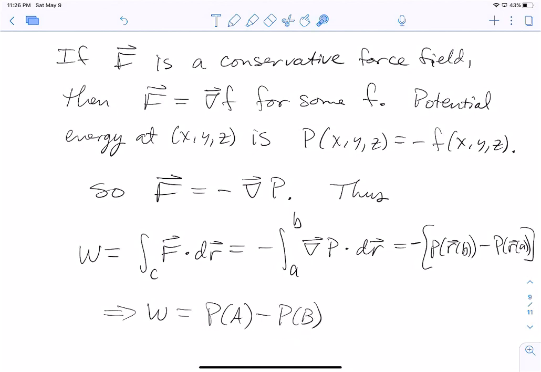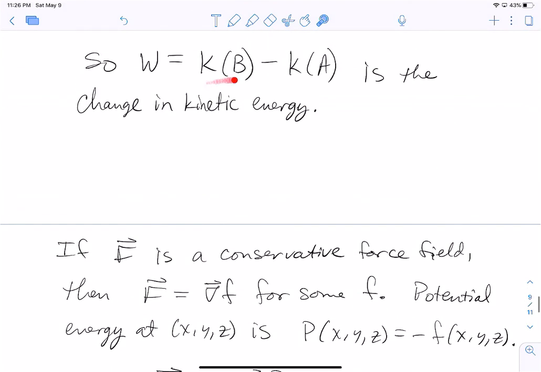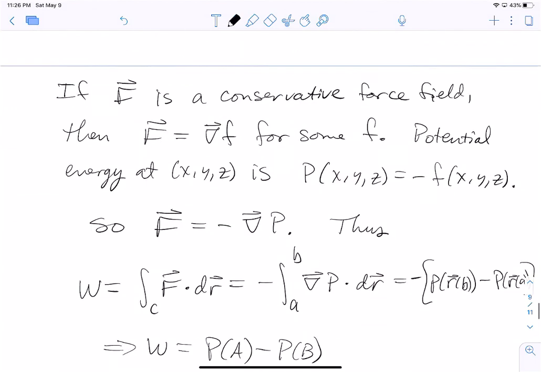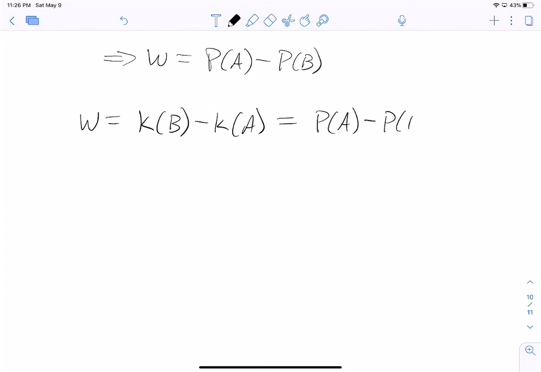The order is reversed because of the negative that was out front of the whole thing. So work is potential at A minus potential at B. But before, we said that work was kinetic at B minus kinetic at A. Equating these two gives us that kinetic at B minus kinetic at A equals potential at A minus potential at B.